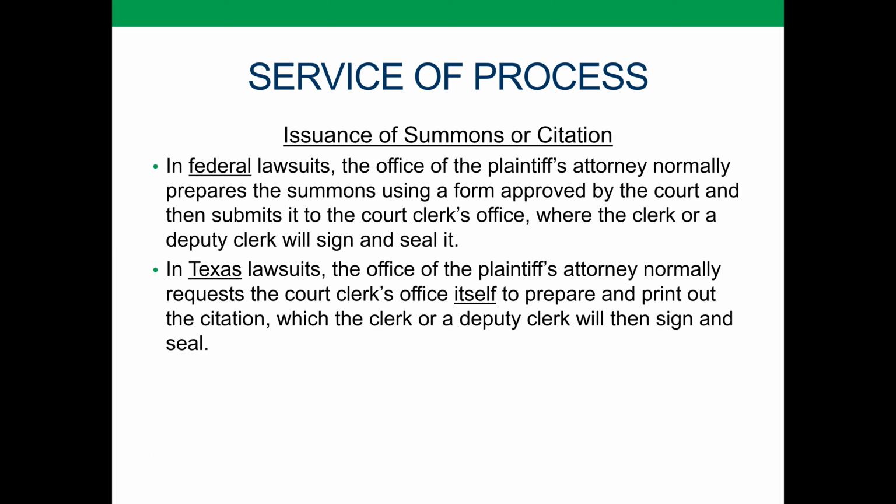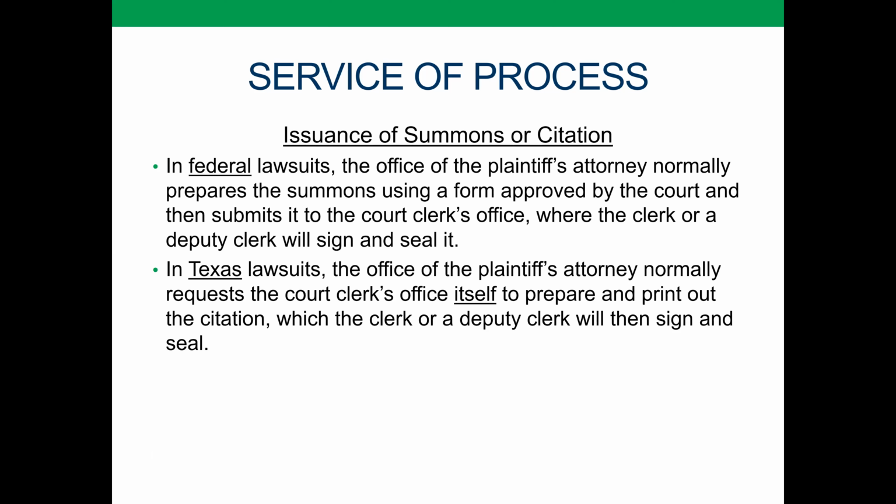The clerk's office itself prepares the citation. They just print it off using a computer program, and you have to pay a little fee for citation, and then the clerk's office will print it off and sign it and put the seal of the clerk's office on it, and then return it to the office of the plaintiff's attorney, who then will make sure it gets delivered on the defendant properly.